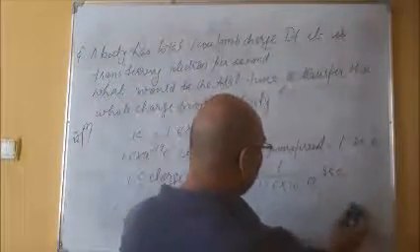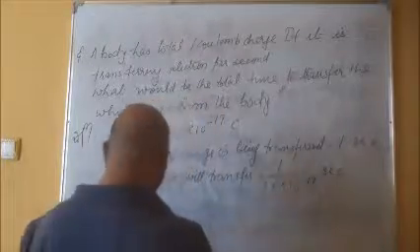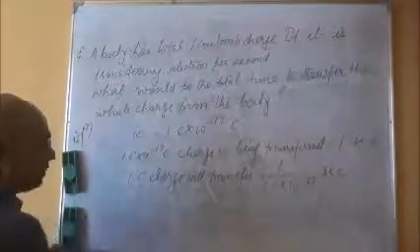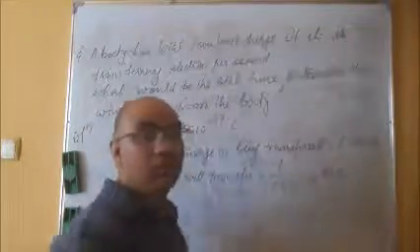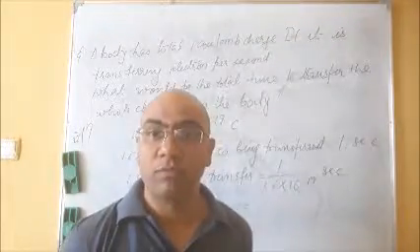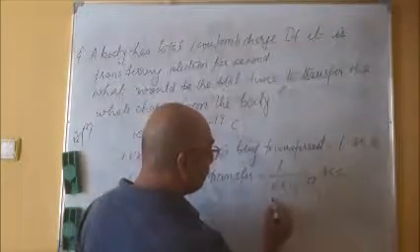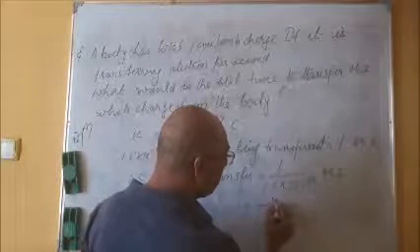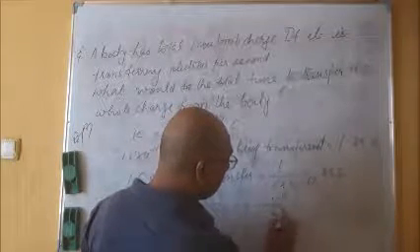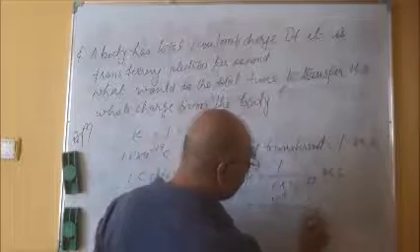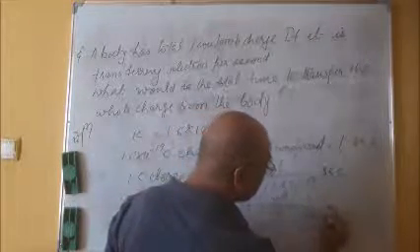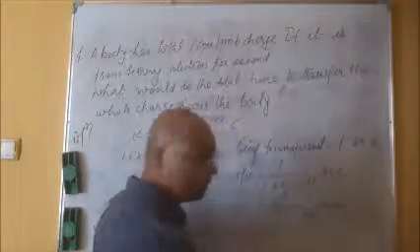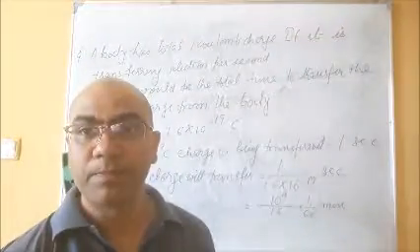If you want to make these seconds into minutes, what will you do? You can shift the 10 to the power 19 up, so 10 to the power 19 upon 1.6 into 1 upon 60 minutes.